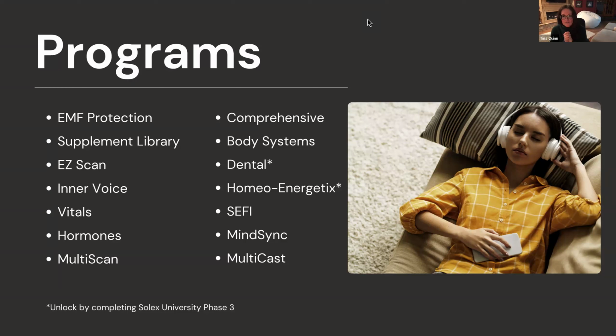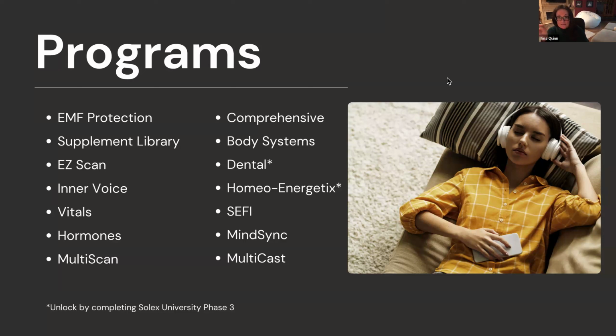Some of these with the star are only available when we actually have a university. We have 3 phases. If you join as a quantum living advocate, you have access to the university and you have level 1 and 2. And once you get to level 3, you get some more practitioner access.